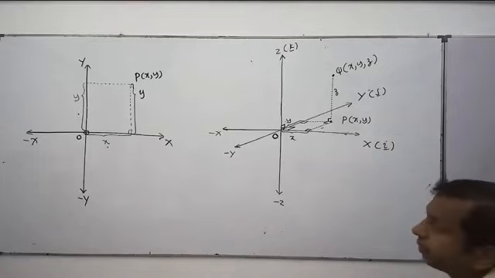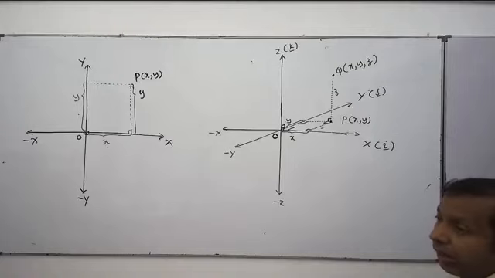Suppose that this point comes away from the plane, perpendicular to the plane.